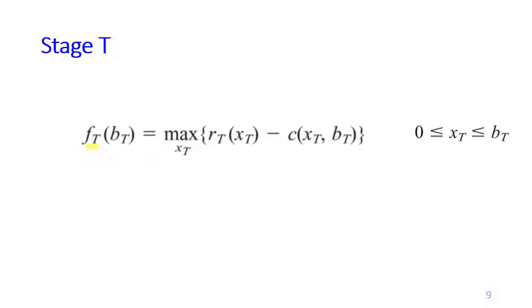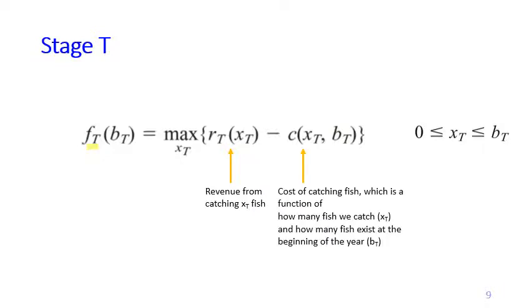Okay, let's see all these notations one by one. So R_T(x_T) is the revenue from catching xT fish, and this is the cost from catching those fish. Remember, it is a function that depends on how many you catch and how many there are at the beginning of the year.